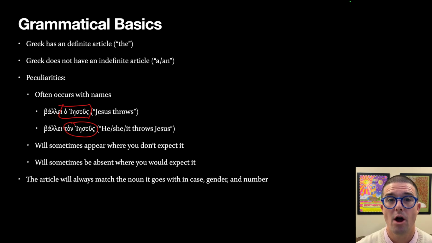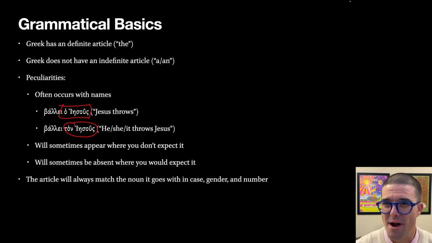And lastly, the article will always match the noun it goes with in case, gender, and number. So the noun that follows a definite article, and as we'll see later on in the semester, sometimes it doesn't directly follow it. You won't necessarily have definite article and then the noun that follows it. Greek can stick things in between the definite article and the noun with a device called hyperbaton.